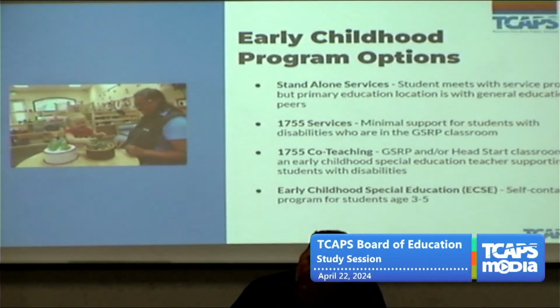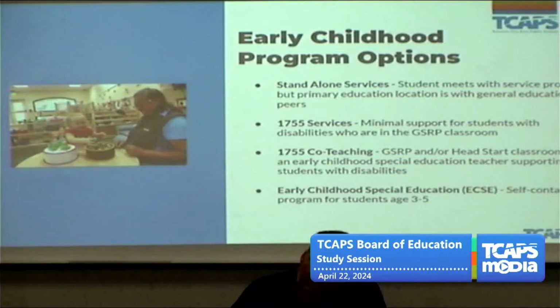We have roughly 4 to 5 students who have IEPs along with the rest of the classroom, which is 11 other students who don't have an area of need. And so it is really a great opportunity for those young ones to have interaction with peers who are more typical.